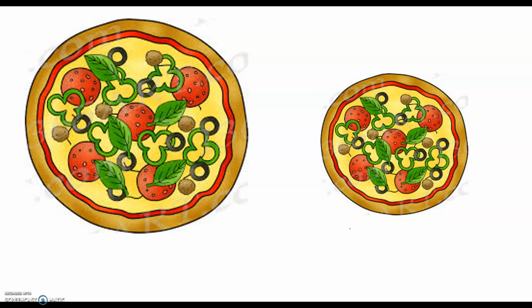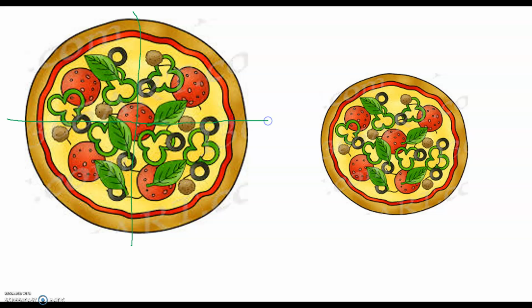So, just to review, like we were saying, the wholes can be different sizes. Pretend you ordered a large pizza and a small pizza. You get them delivered, and you want to divide them all into 4 pieces. Just because your wholes are different sizes doesn't mean the fractions can't use the same numbers.